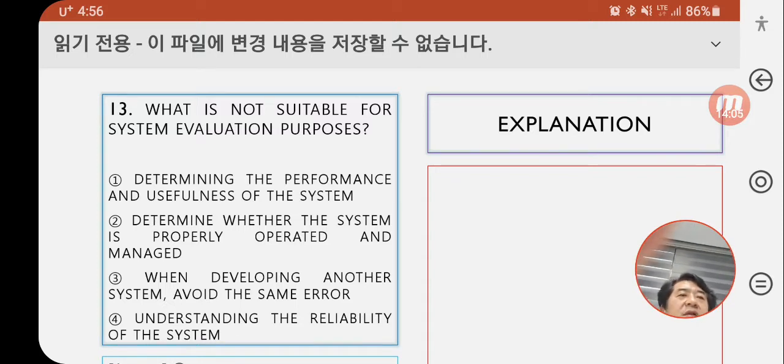Number 4, understanding the reliability of the system. Which one is the correct answer? The correct answer is number 4.